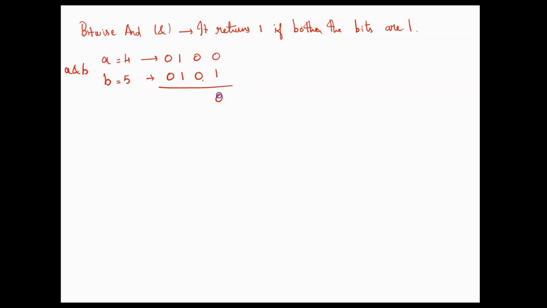So we get 0, 1, 0, 0, which is equal to 4 in decimal.